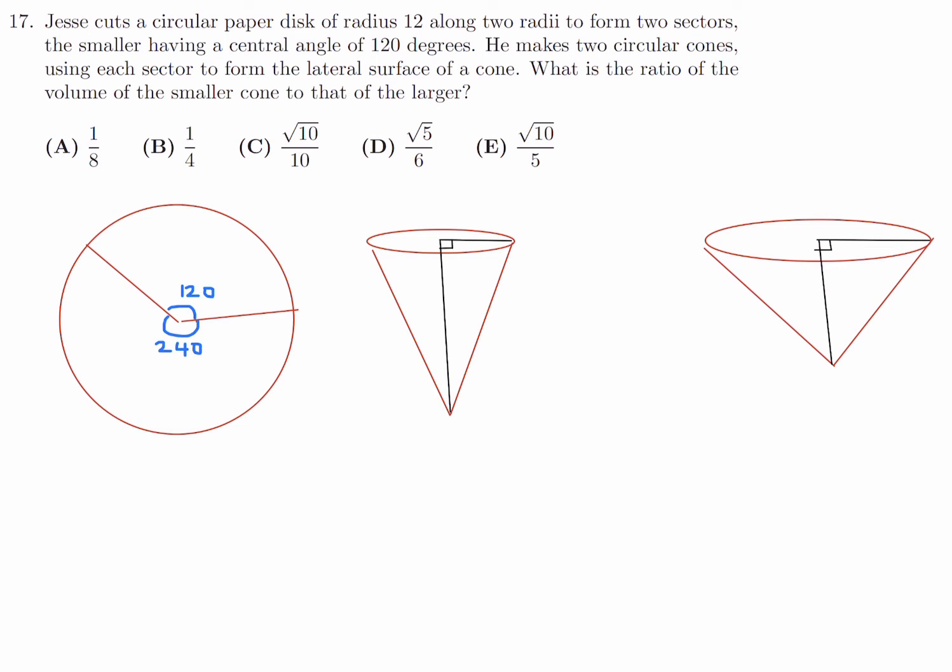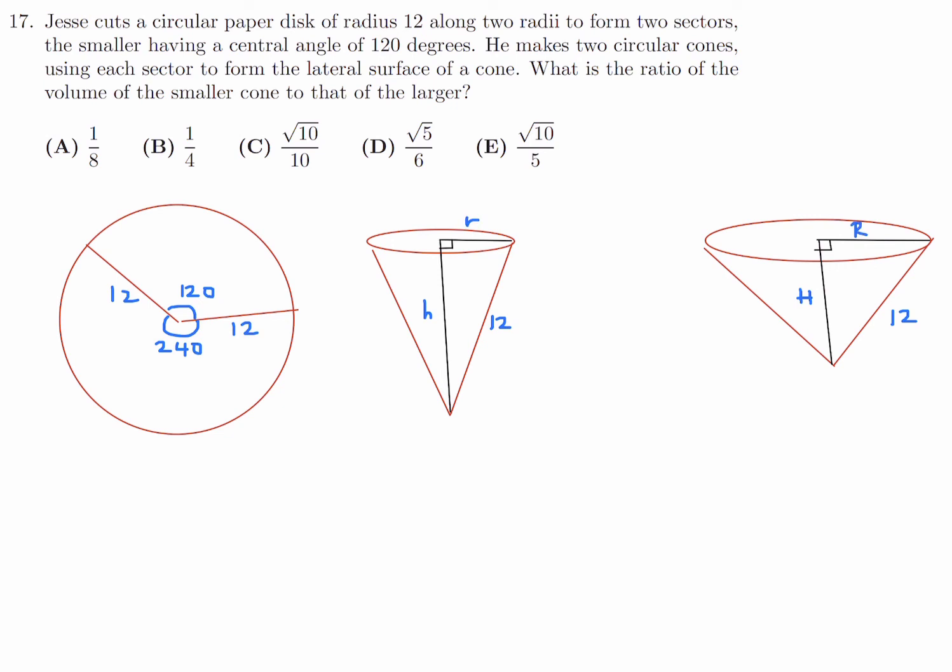Now, the radius is 12, this is 12, and this is 12. So that means from here to here is 12. And so is from here to here on the other cone. Now the heights are going to be different. We'll call this one small h, and this one big H. It doesn't really matter. And this we'll call small r, and this we'll call big R.